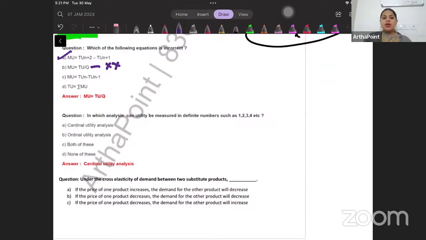Incorrect. Marginal utility is the difference between total utilities. Correct. The sum of marginal utility gives total utility. Correct. So the only incorrect option will be B. B is incorrect. Okay.